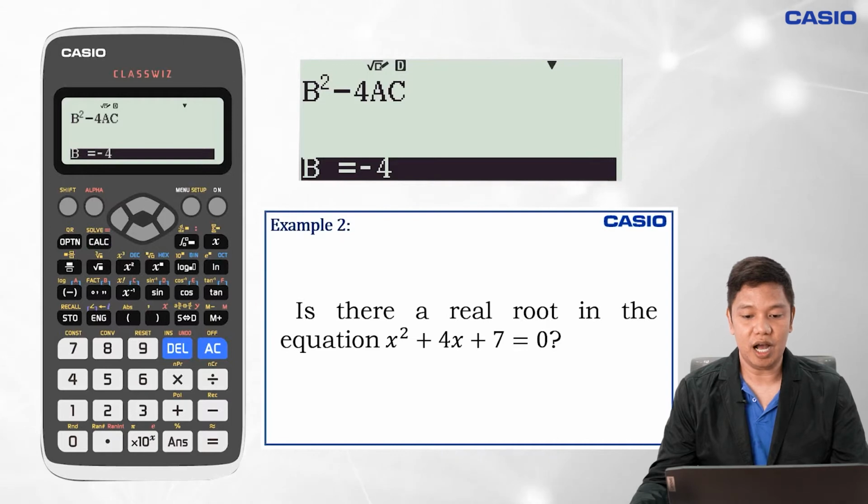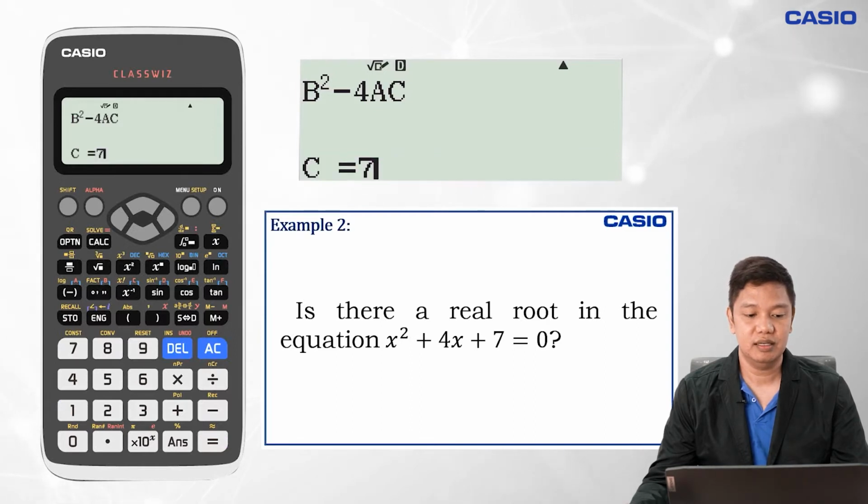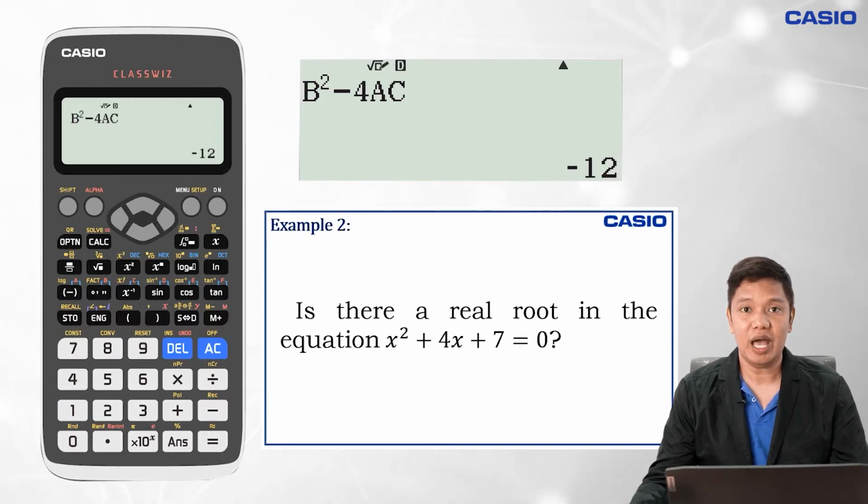In this case, our b is +4, so we press 4 and then equals, and then a is equal to 1, and then equals, and then this time c is +7. Pressing equals, we have the value of the discriminant as -12. Since the discriminant is less than 0, then we can say that there is no real root for the given equation.